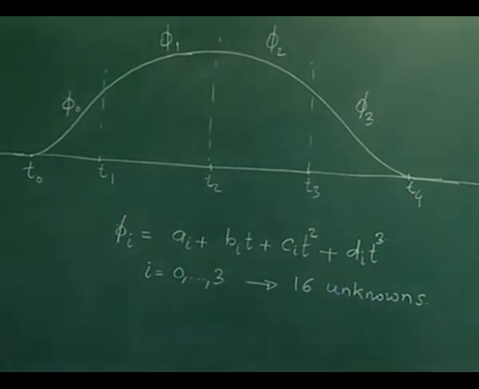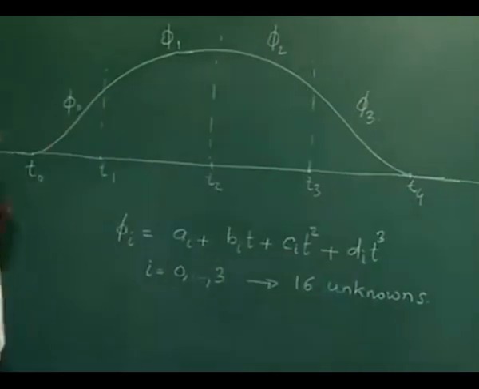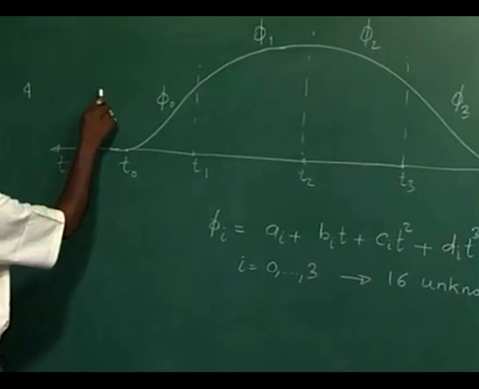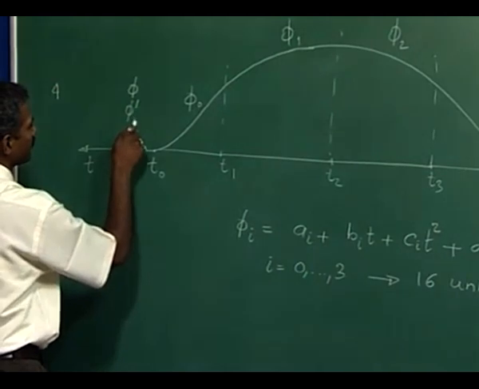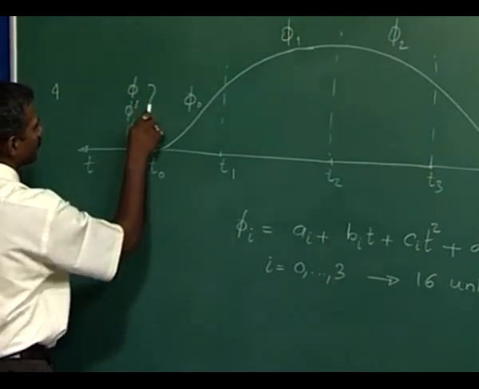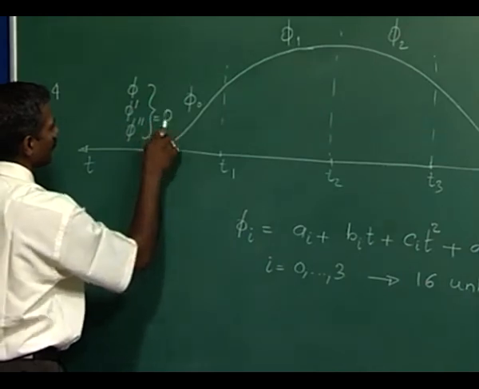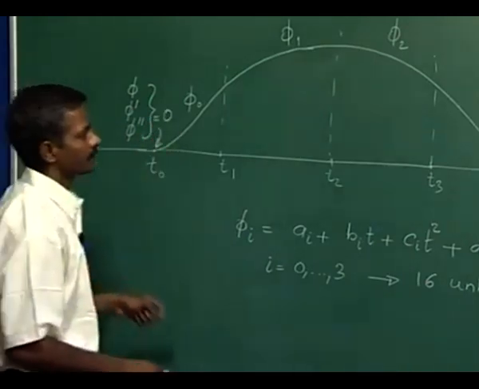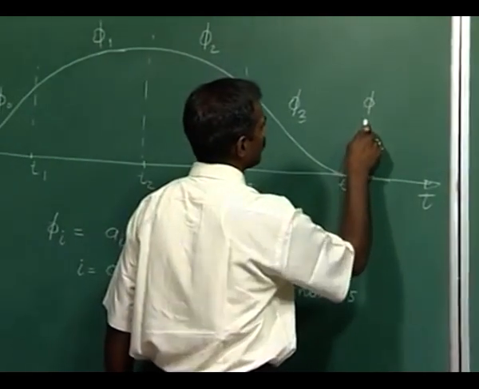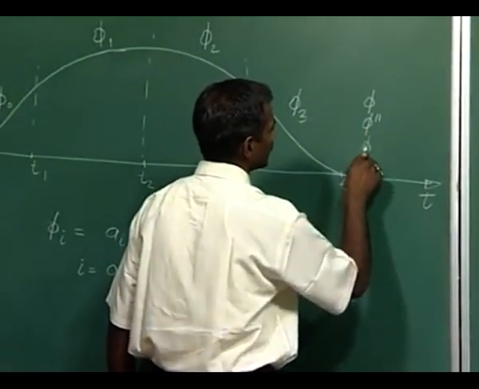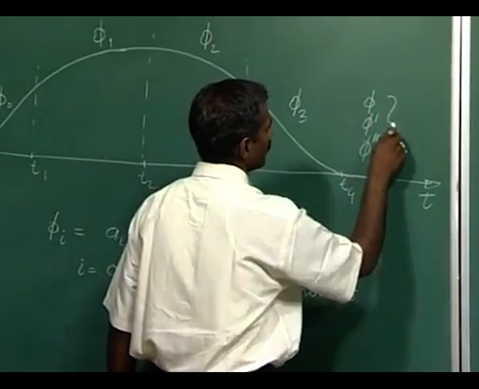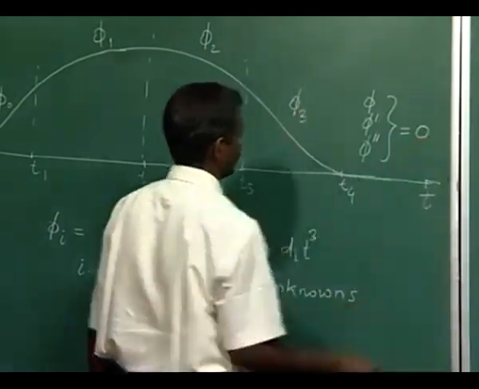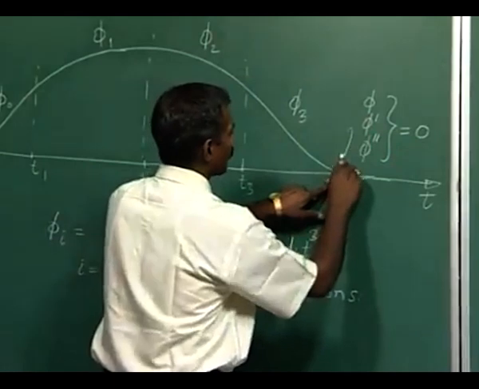Now, if you remember, we started off with some conditions here and some conditions here. Specifically, we said that phi, the slope, and the second derivative are 0 here. Likewise, the position, the slope, and the second derivative are 0 at T4.